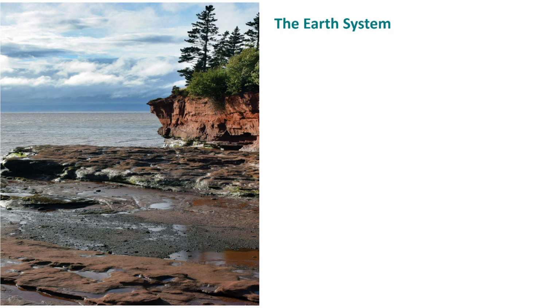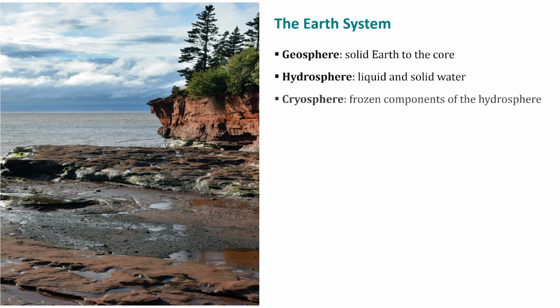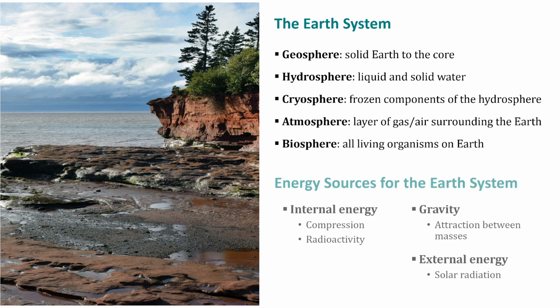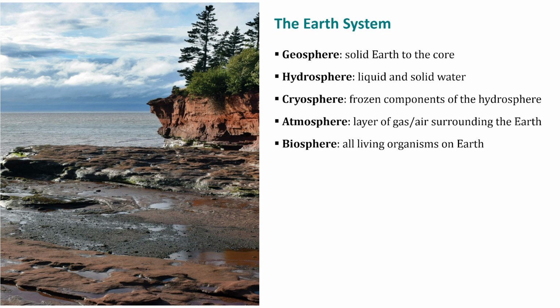We can divide the Earth system into different spheres that encompass these ways that we determine the earth science disciplines. So we have the geosphere, which includes all solid material on Earth, so the solid Earth to the core.